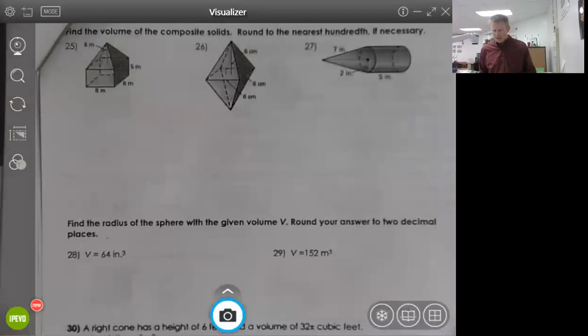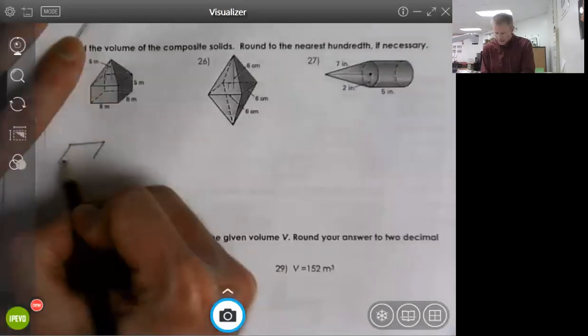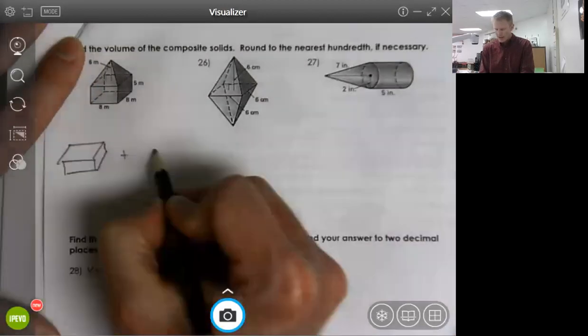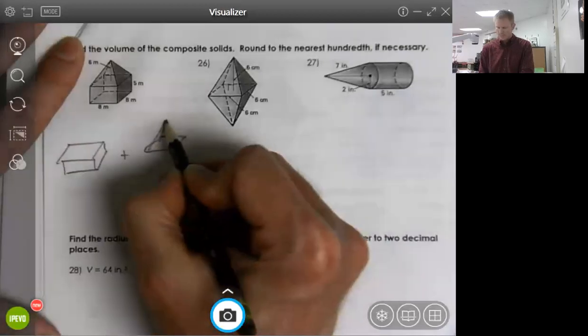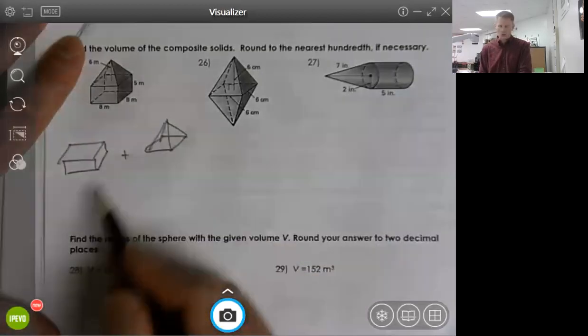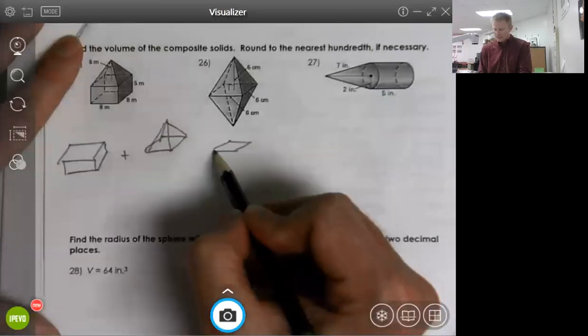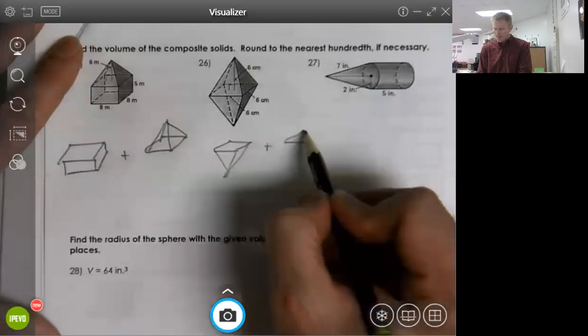All right, we're a little bit short on time, but just to do a little highlight for a few of these, we have a prism, plus we have the pyramid. Okay, so you would have to add those two together. Here we have a pyramid, plus we have another pyramid.